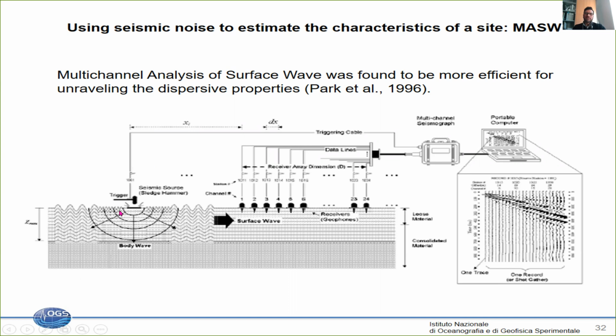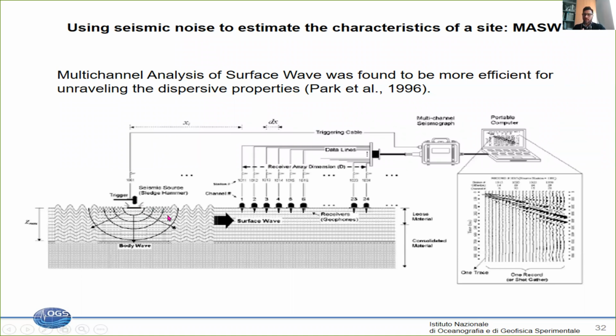So again, these methods work by placing different geophones in a line, not only two, but you can reach a number that depends on the capability of your instrument. And at a certain distance from the geophones that have been deployed on the ground, one can start generating seismic waves, for example with the typical sledgehammer.